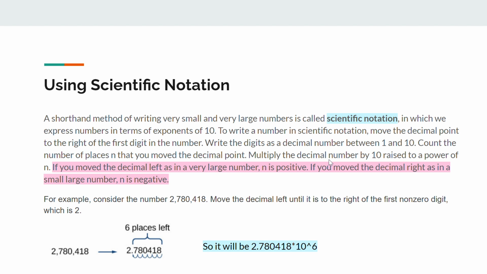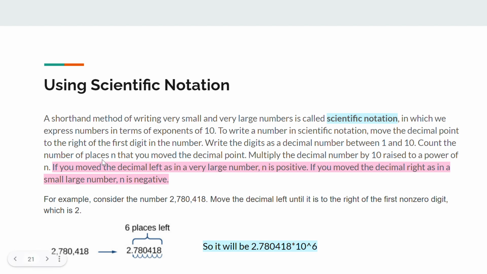Also, using scientific notation, a shorthand method of writing very small and very large numbers is called scientific notation, in which we express numbers in terms of exponents of 10. To write a number in scientific notation, move the decimal point to the right of the first digit of the number. Write the digits as a decimal number between 1 and 10.